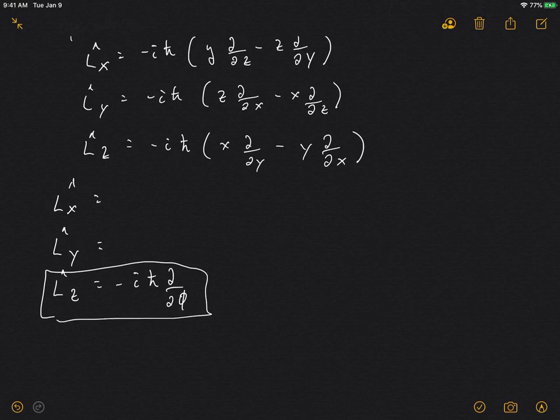In fact, it's related to our m, our magnetic quantum number. And for the other axes, I guess we might as well just, oops.